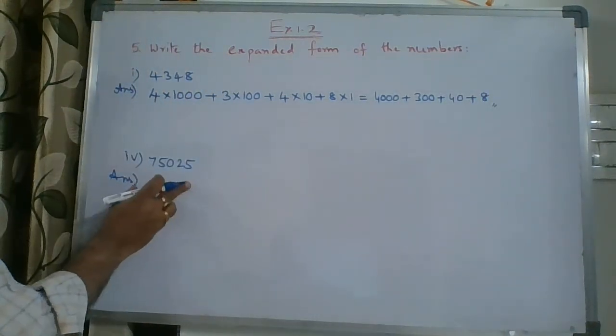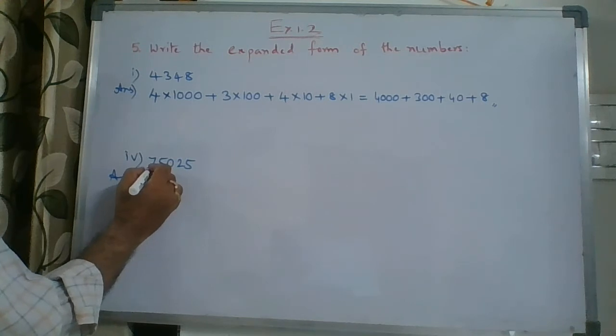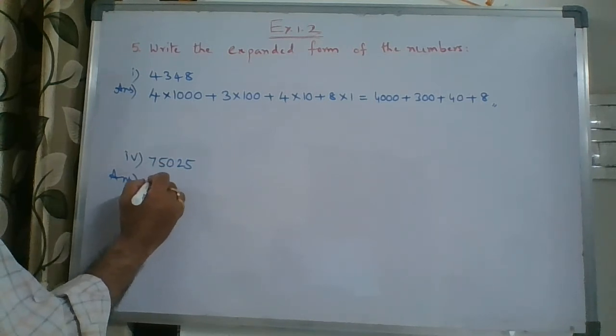The same way, another one. 7 is in the 10,000s place, so therefore it's a 5-digit number.